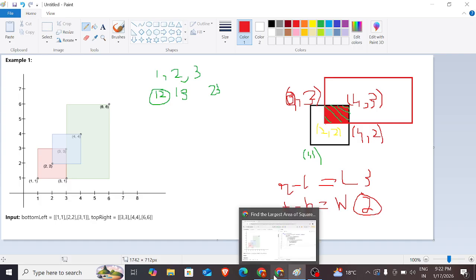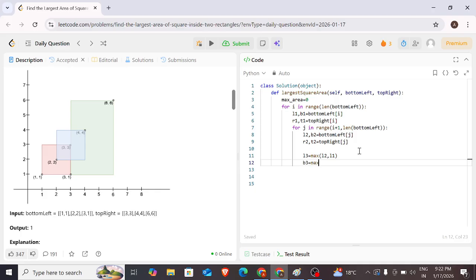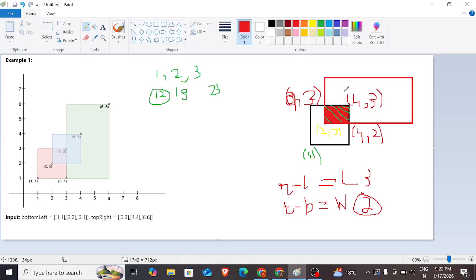So my B3 here is max of B2 and B1. Similarly, right was the minimum, so R3 is minimum of R2 comma R1, and my T3 is minimum of T2 comma T1. I can show that here again. T2 is the top of the second one, and T1 is the top of the first one. So the minimum of these both is considered, right?